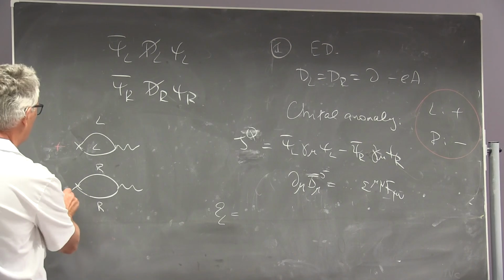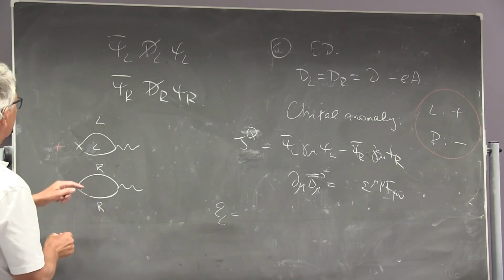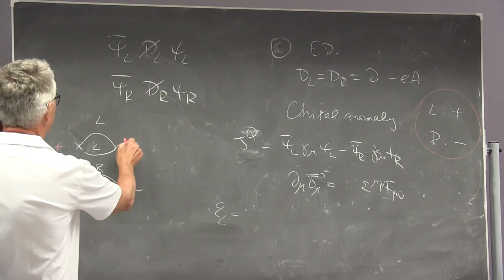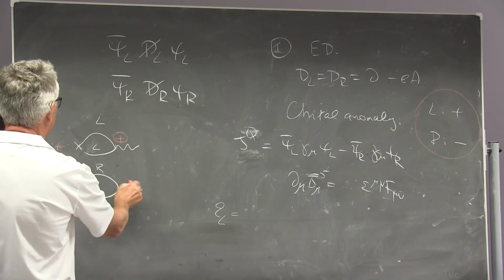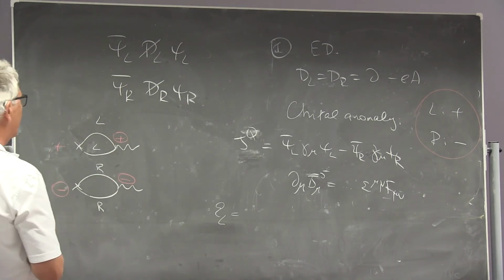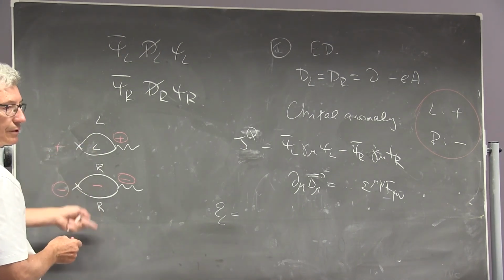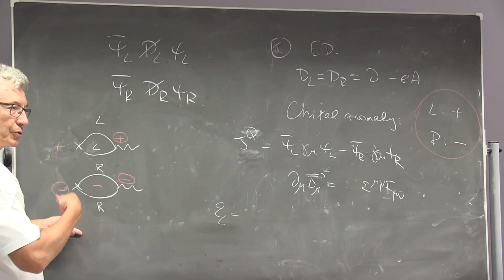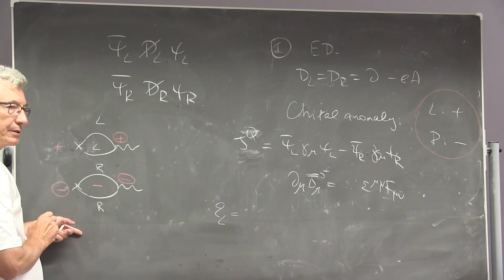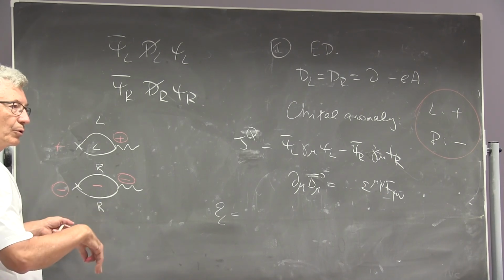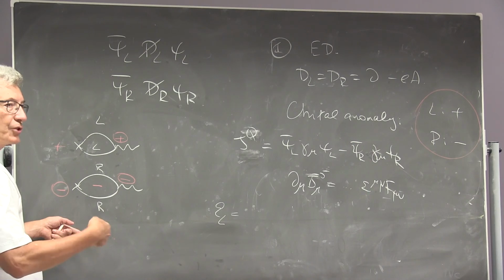For right, you have a minus sign at this vertex. But here you have again a plus sign, and here again a minus sign. And this loop comes with a minus sign, so you get a cancellation between these contributions, and so this theory is anomaly free: it doesn't have an anomaly in the gauge current.